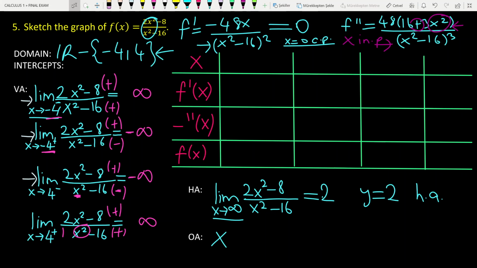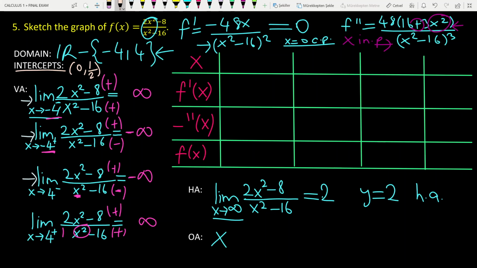I actually skipped the part of intercepts for this question. When x is 0, f is 1 over 2, as you see. So 0, 1 over 2 is one of the intercepts of the function. What else?